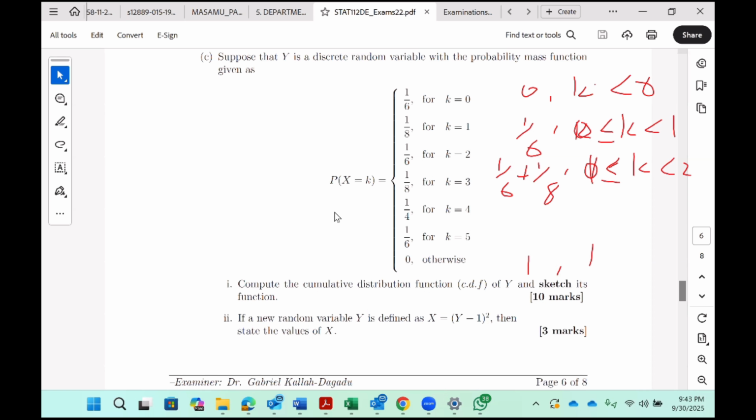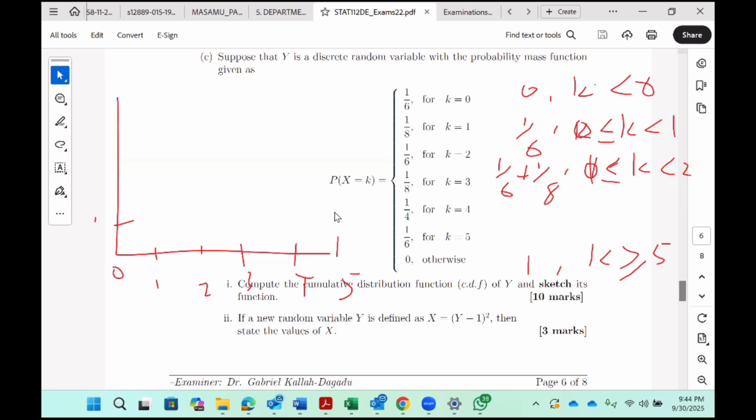So when we finish, we come to draw our graph. Then you have 0, 1, 2, 3, 4, 5. At 0 it is 1 over 6. Then it comes to 1, it moves up.